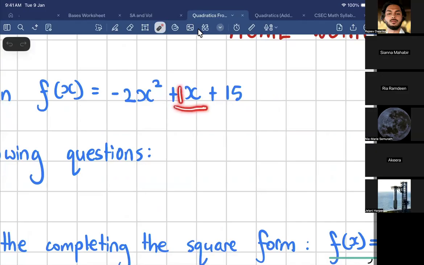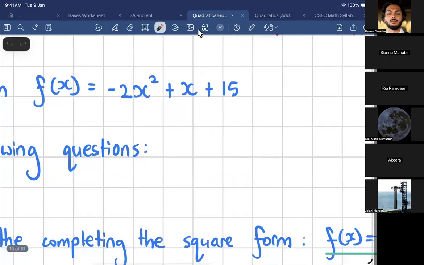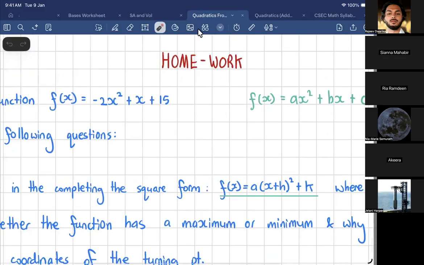Right. So you're not seeing the 1 by the x, but it means 1x. When asking for the number in front, I'm talking about the coefficient. The coefficient tells us the number of that variable we have. So over here I have 1x. In another example, I could have 2x. You understand? So b is 1. Let me know if you understand that.